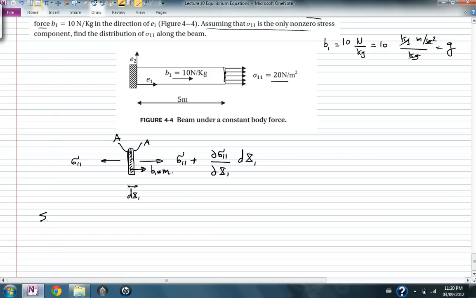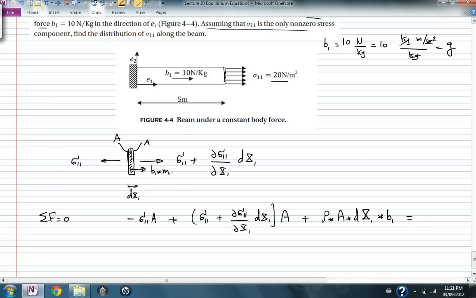So again, the sum of forces is equal to 0. Negative sigma 1 1 plus sigma 1 1 plus partial sigma 1 1 by partial x1 dx1, multiplied by the area, plus rho multiplied by the mass, which is rho multiplied by the volume, which is area multiplied by dx1, multiplied by B1, equal to 0.